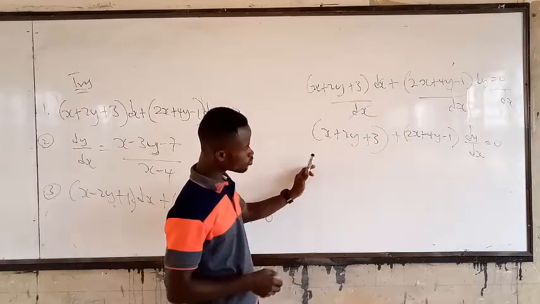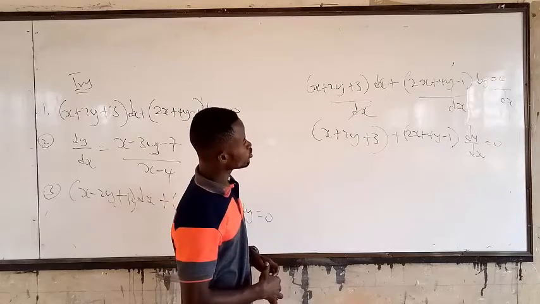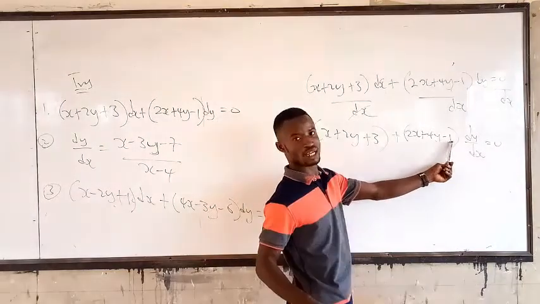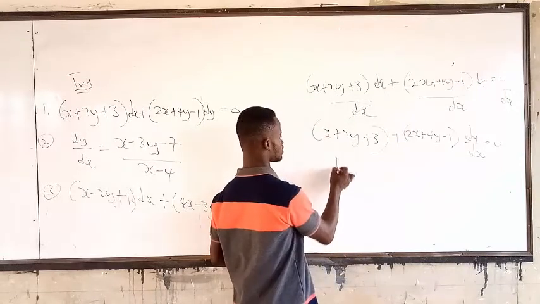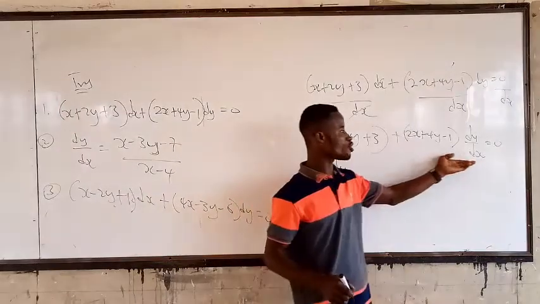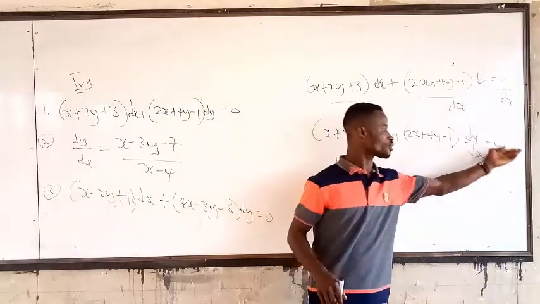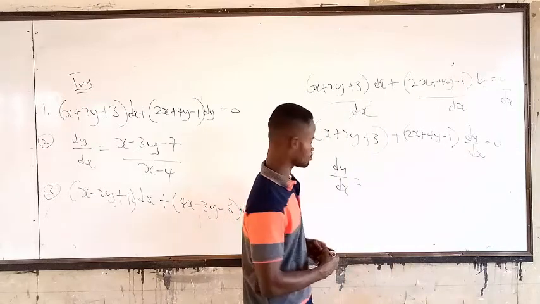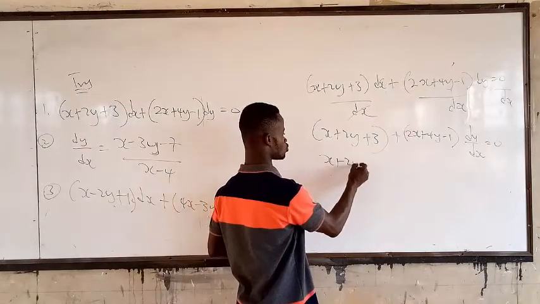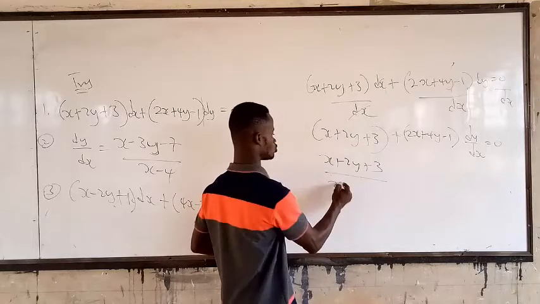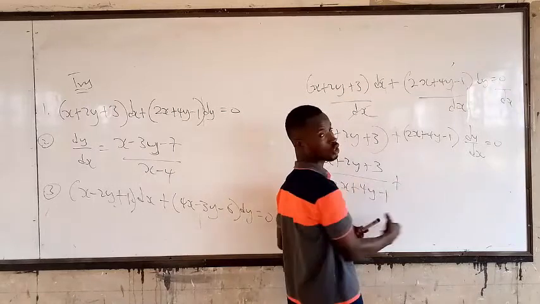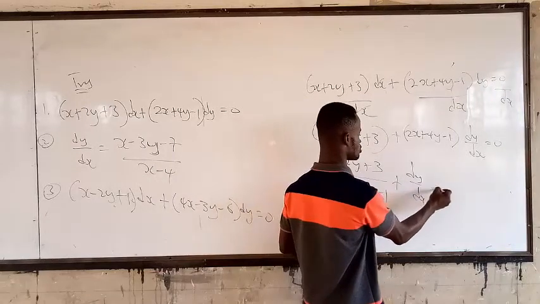All right. Then, with this, you can also do something. You can divide both sides by 2x plus 4y minus 1. And you're going to get dy/dx to be equal to... don't forget, when you divide both sides by this, here you get 0 there. So you're going to get (x plus 2y plus 3) over (2x plus 4y minus 1) plus dy/dx to be equal to 0.